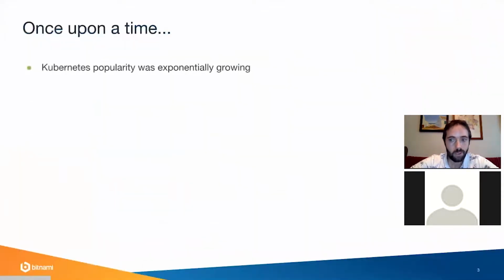Well, if we go to the past, maybe 1 year, 2 years ago? Well, right now it's also happening. Kubernetes popularity is growing exponentially, and because of all the features it had, people were really compelled by all that it offered.